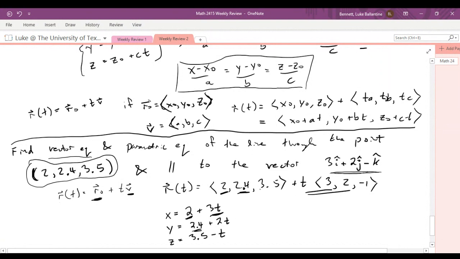You see the pattern. Now, if we were to find the symmetric equation, we would just solve for t in all of these and equate them.